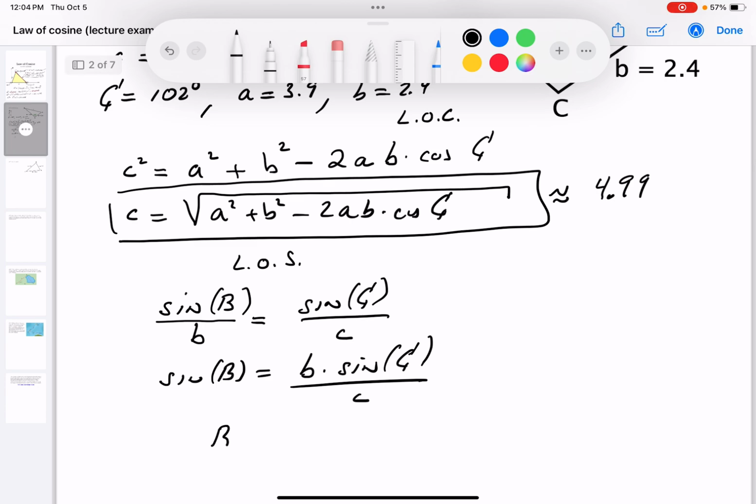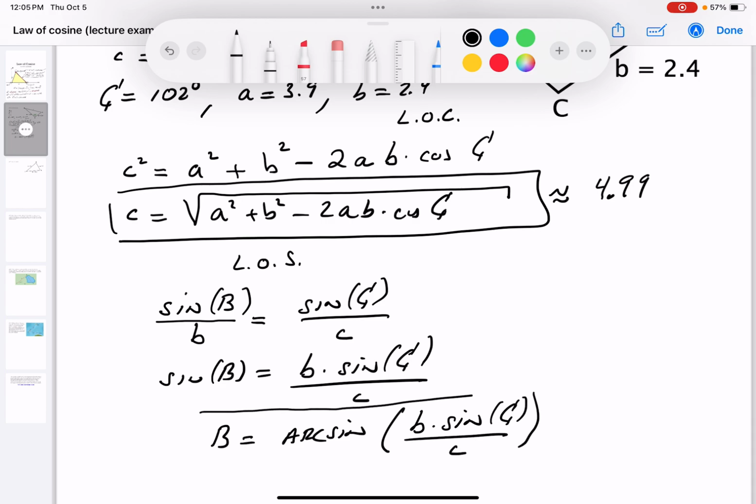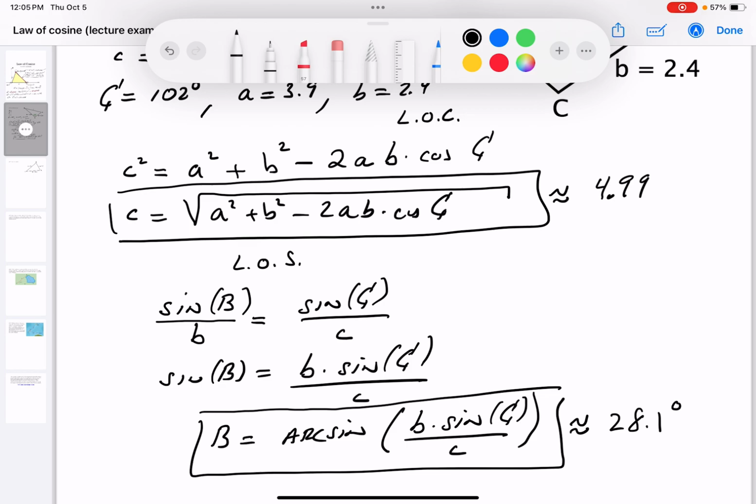B is equal to the arc sine of B times sine of C over C, and I'm going to say that's my answer for B. I'm also going to say we should use a calculator for that, and if you're using a calculator, you should get B to be about 28.1 degrees. That's an approximate answer.